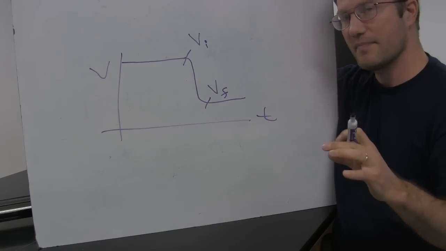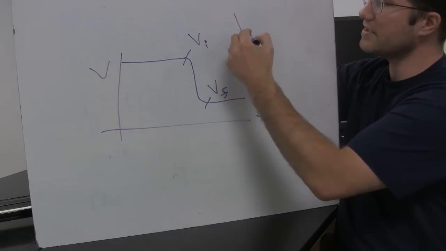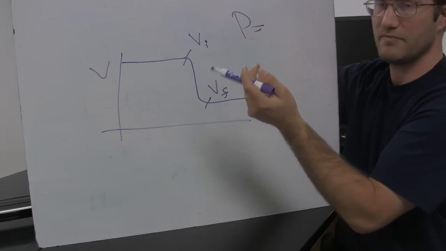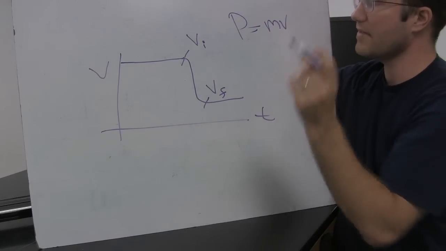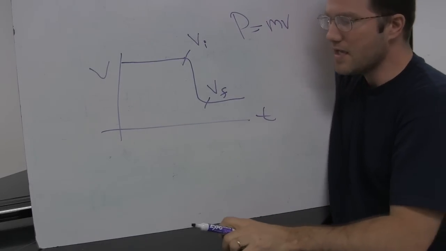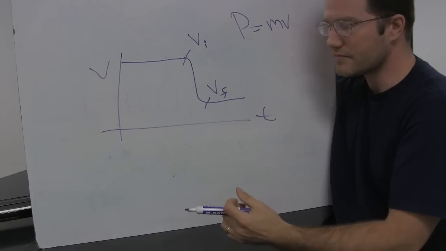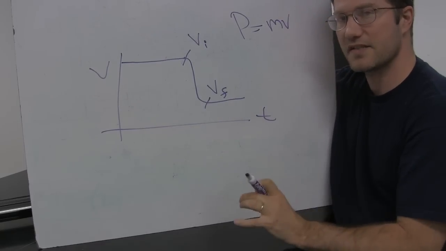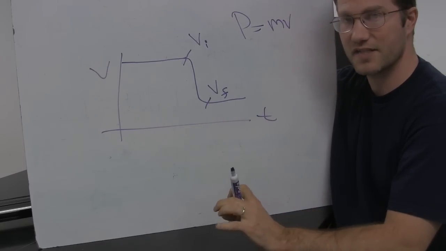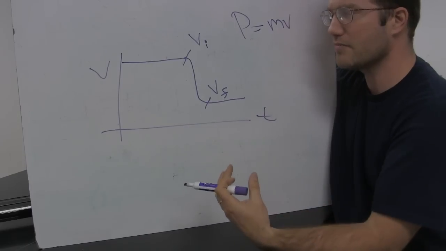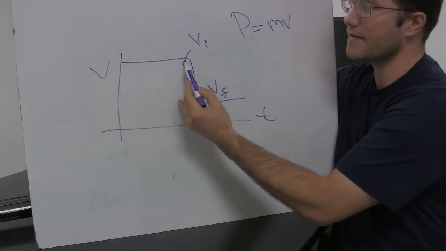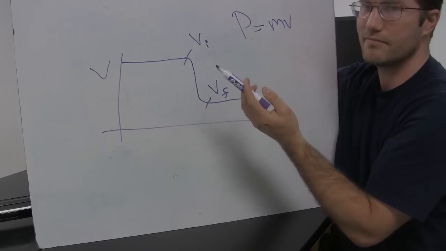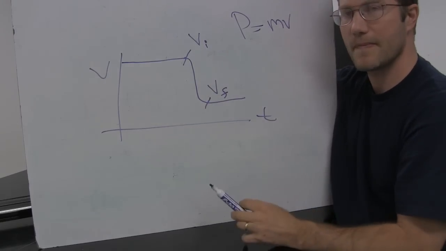Now, we're going to talk about momentum here. Momentum, P, is equal to mv, mass times velocity. So the initial momentum of this entire system, remember the second cart was initially stationary, so the entire momentum of the system before the collision was just this first rolling cart. Its mass, m1, times v initial.